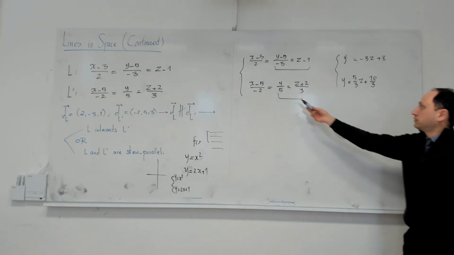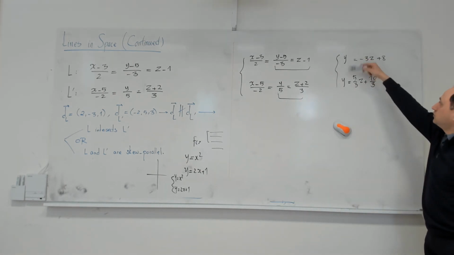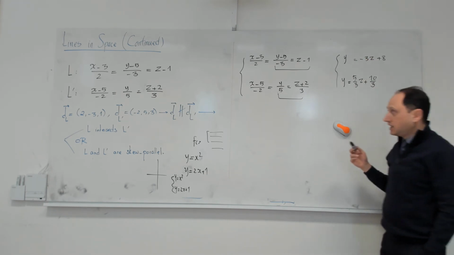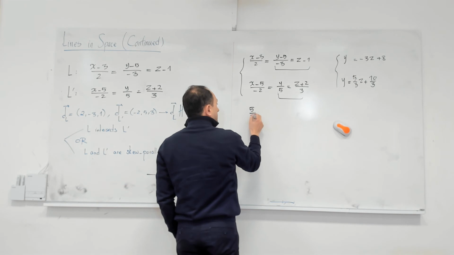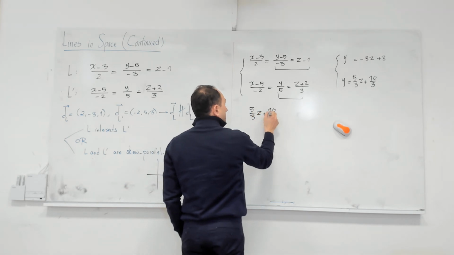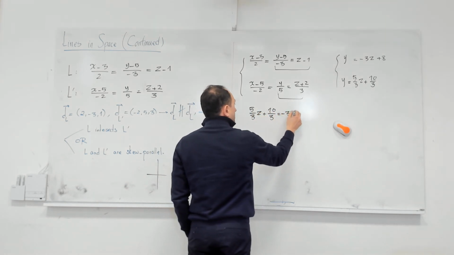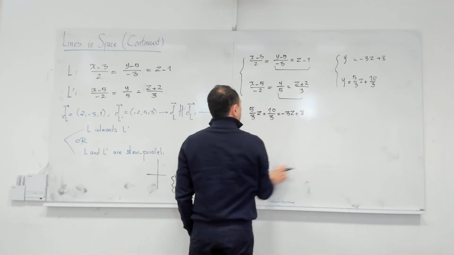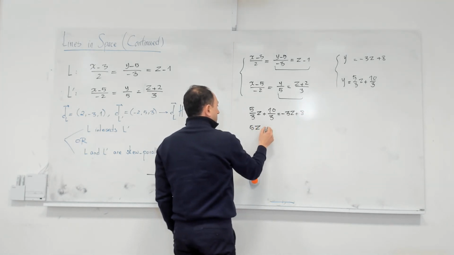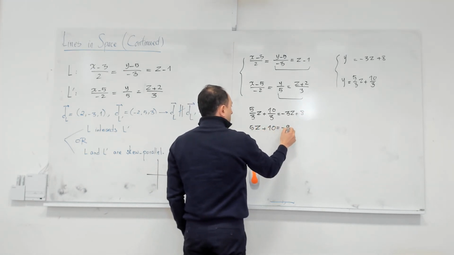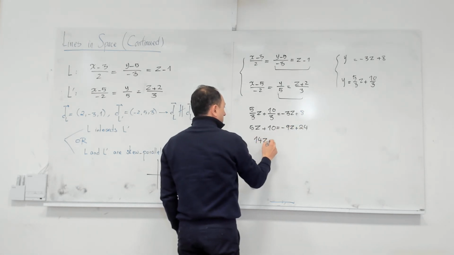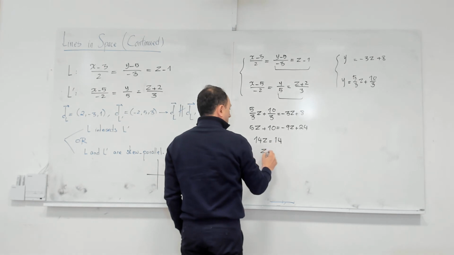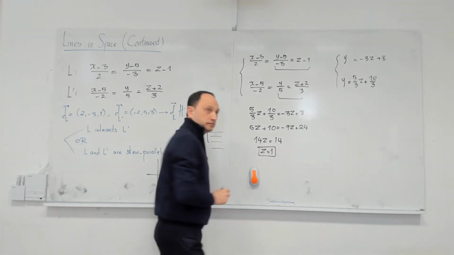I just multiply it by 5. And then I have two y's, I can equate them, because that's the same y, that's important. So this means that 5 over 3 z plus 10 over 3 is equal to minus 3z plus 8. And then to get rid of fractions, I multiply by 3. And I move it here. And z is 1. Yes?